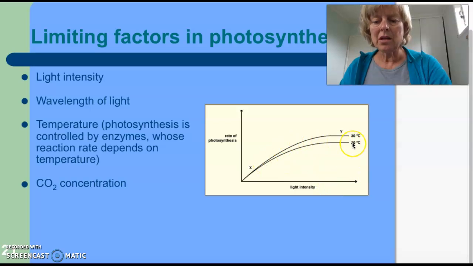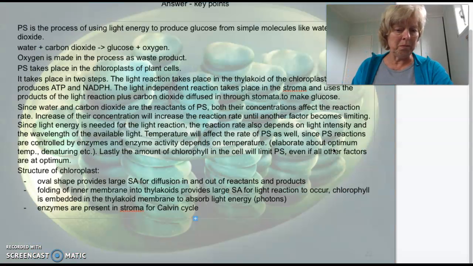And you see here, this is the curve for 20 degrees Celsius, and this is the curve for 30 degrees Celsius. And you can see that at 30 degrees Celsius, the rate of photosynthesis is higher than it is at 20. Both curves, however, are leveling out because at this stage, other factors become limiting.